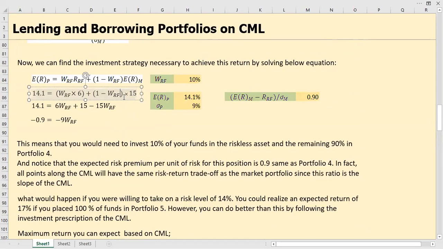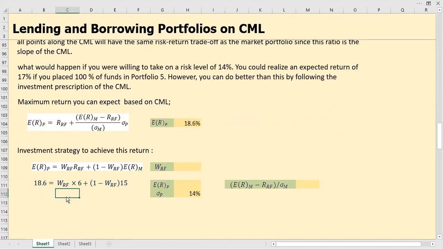The only difference from the previous one is this value: instead of 14.1, I am going to put 18.6.